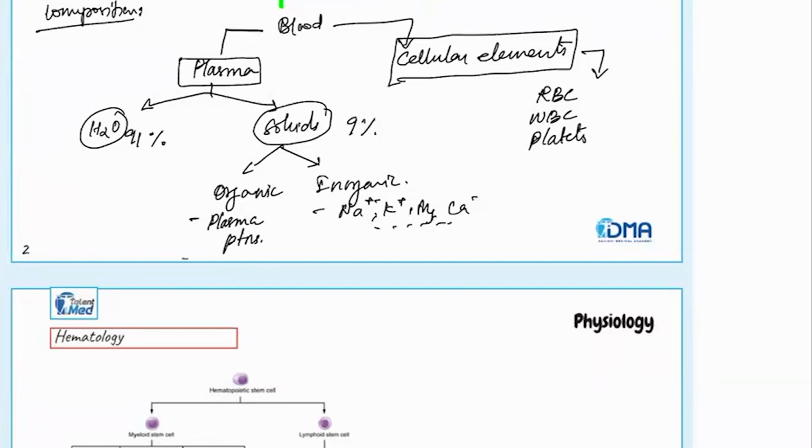It also includes oxygen, carbon dioxide, and the respiratory gases. Whereas the inorganic substance includes all the electrolytes which are present in our body. Okay, so this is the simple definition of the blood, and the total blood volume is 5 to 6 liters, and the composition of the blood.